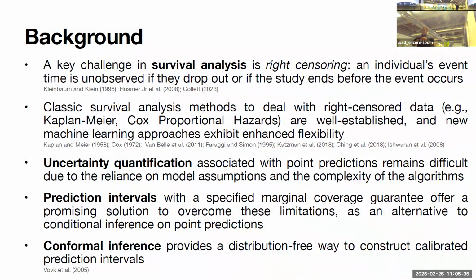And that is that individuals are followed over time, and we're interested in time from start of follow-up till the occurrence of a given event. However, patients or participants may be right censored, which means that an individual's exact event time remains unobserved. And that can happen if the individual either drops out of the study or if the study ends before he experienced the event.